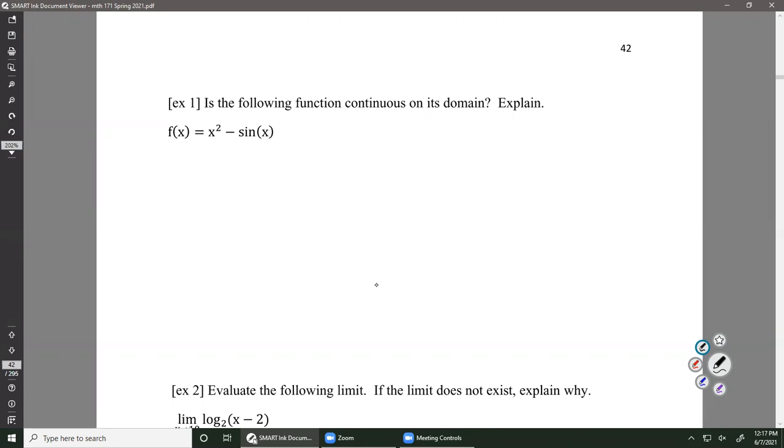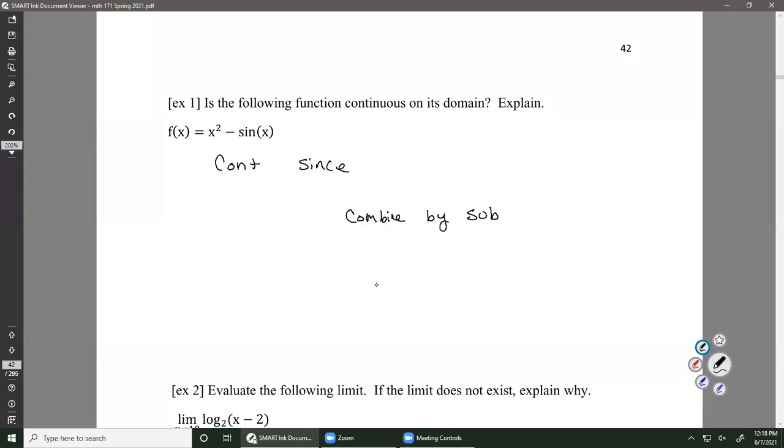Would it be continuous since they're combined by subtraction? I'm going to write that down. Continuous since, I'm going to leave a blank there, combined by subtraction. What is being combined by subtraction? A polynomial and a trig function.